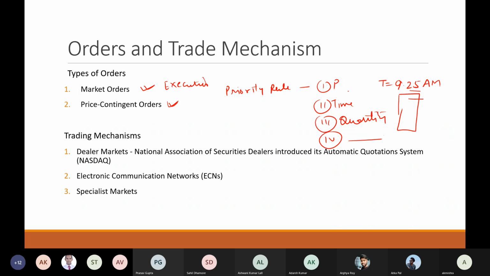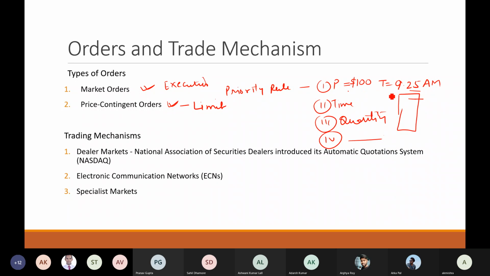It means in a market order, you have a high probability that the order is going to be executed immediately, but you are not sure about the price. Whereas when you go for a limit order, let's say you submitted a limit order, you are saying that you will buy if the stock price comes down to $100.